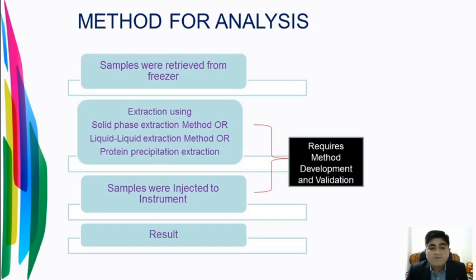Now, our next target is to extract our drug from that sample. So we require an extraction method. There are three methods used in the bioanalytical department: the solid phase extraction method, the liquid extraction method, and the protein precipitation extraction method. With extraction, we are making the sample compatible for instrument analysis, because the instrument will not directly analyze samples from the plasma.